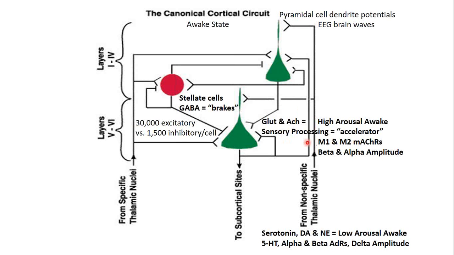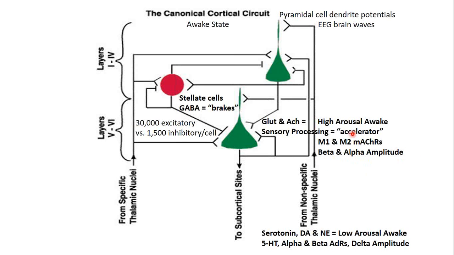So acetylcholine can respond by exciting either M1 or M2 receptors, and it's the area of the brain, the particular pyramidal cell, that determines what the response will be, whether it has a predominance of M1 excitatory or M2 inhibitory transmitters. So the glutamate and acetylcholine are generating primarily beta and alpha amplitude rhythms.